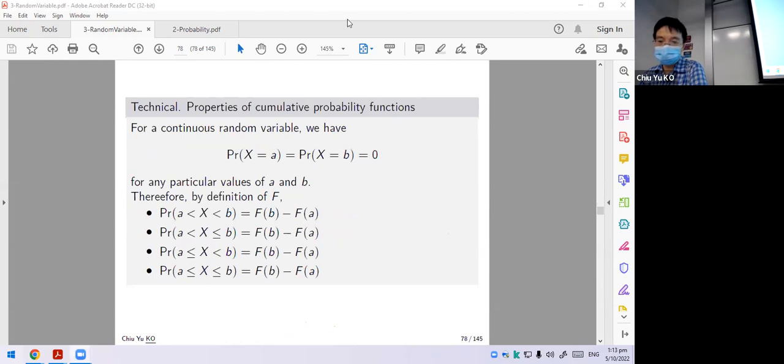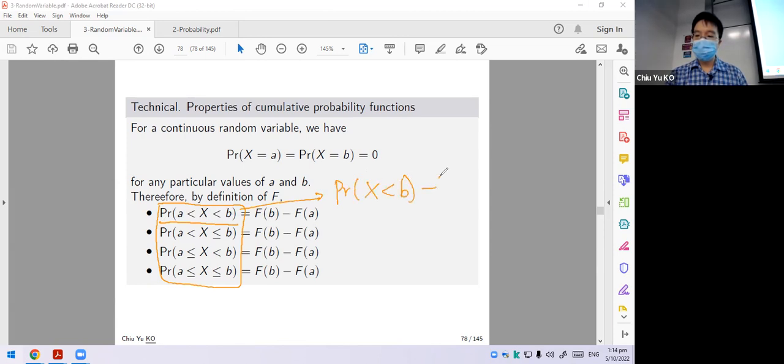So at the very last minute, I want to say these four are the same thing when we have a continuous random variable. The reason is that whether equal or not, they're the same. And this one you can rewrite as the probability of x less than b minus the probability of x less than a. That's how you get this formula, because it's a math problem.